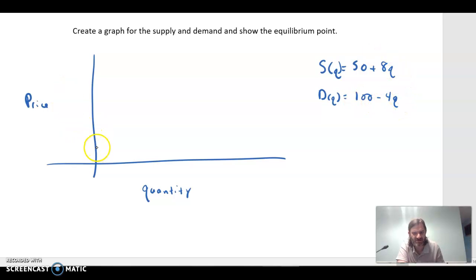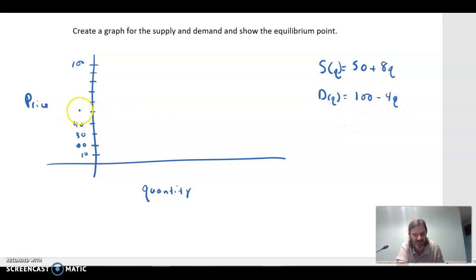So let's just set our graph up to be in tens. Our price would be 10, 20, 30, 40, 50, 60, 70, 80, 90, 100. And we'll label those as needed. I'm going off of that because I know the demand starts at 100 and goes down.